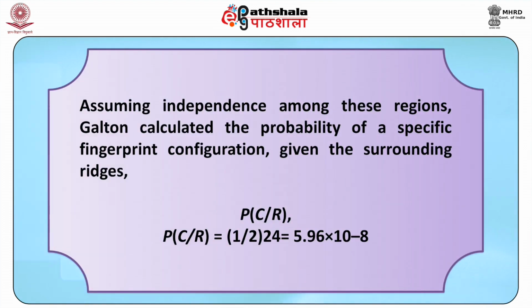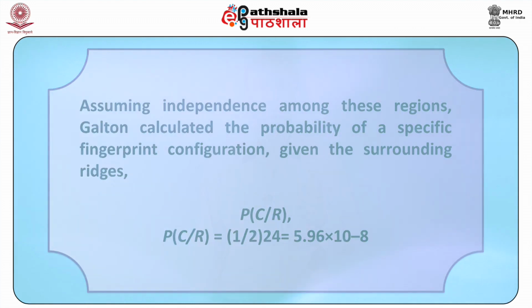Assuming independence among these regions, Galton calculated the probability of a specific fingerprint configuration given the surrounding ridges, P(C|R), using the equation P(C|R) = (1/2)^24 = 5.96 × 10^-8.